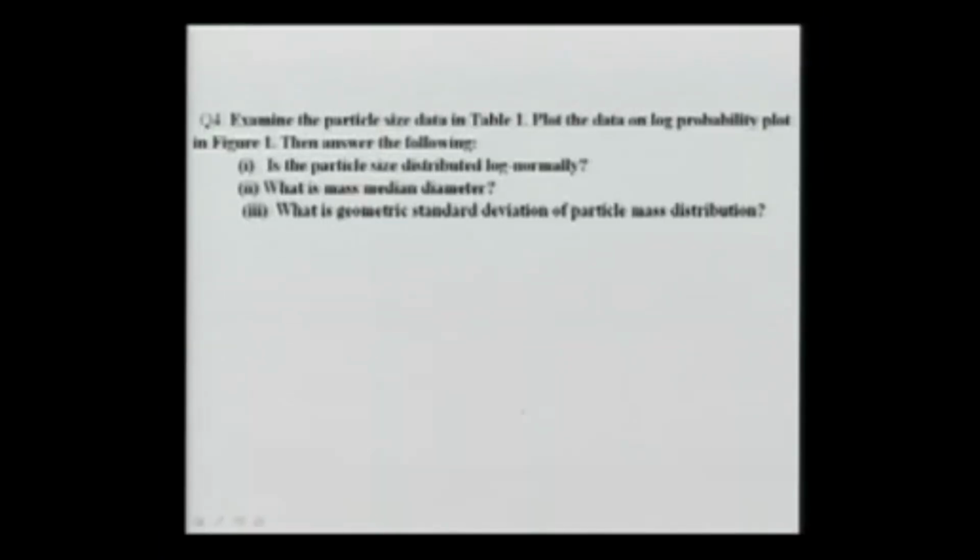Plot the data on the log probability plot as in Figure 1, that also will give you Figure 1, and then answer the following questions: is the particle size distributed log normally? What is the mass median diameter of the particle, and what is the geometric standard deviation of particle mass distribution? This information we require a lot in terms of looking at the particle size distribution in the ambient air. So what we'll do is go to the next one.